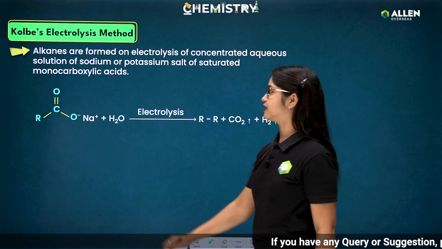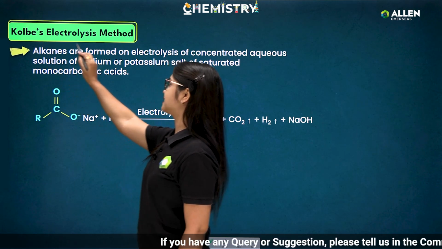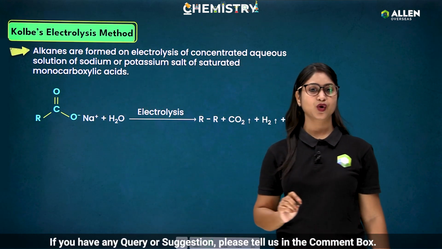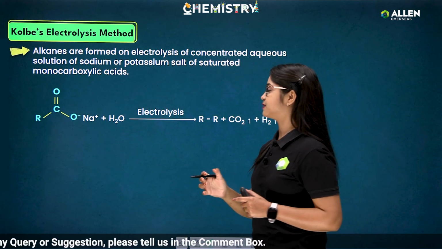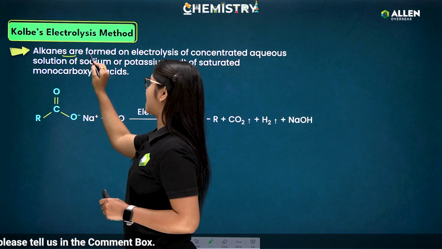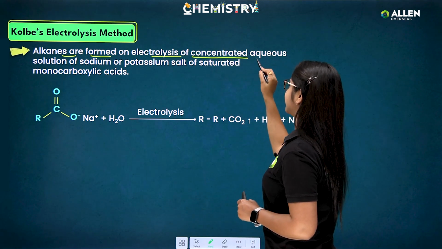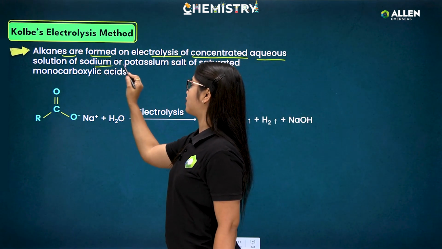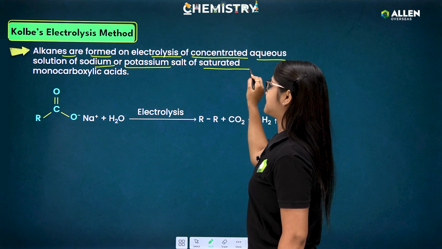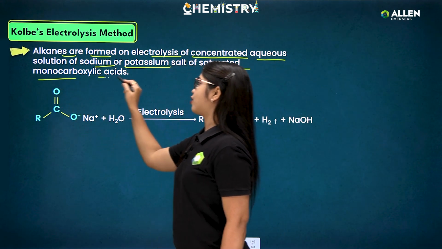Similarly we have another method that is called Kolbe's electrolysis method. So what happens in this method? Alkanes are formed on electrolysis of concentrated aqueous solution of sodium or potassium salt of saturated monocarboxylic acids.